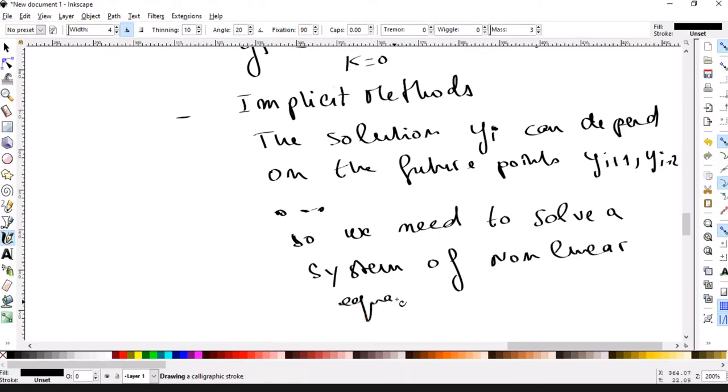In the general case, a system of linear equations also.